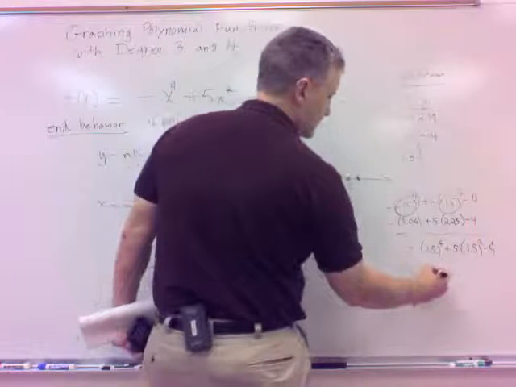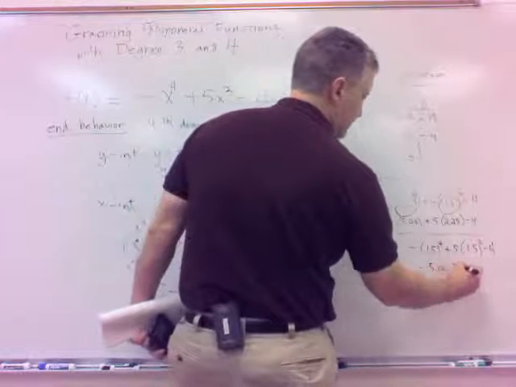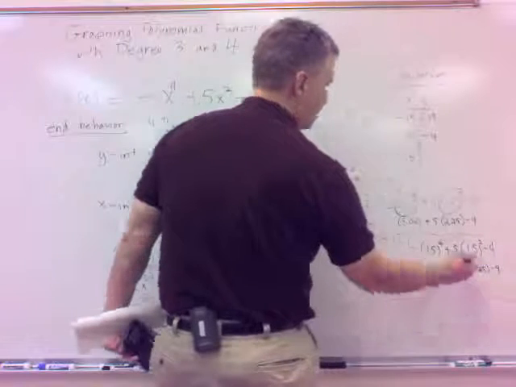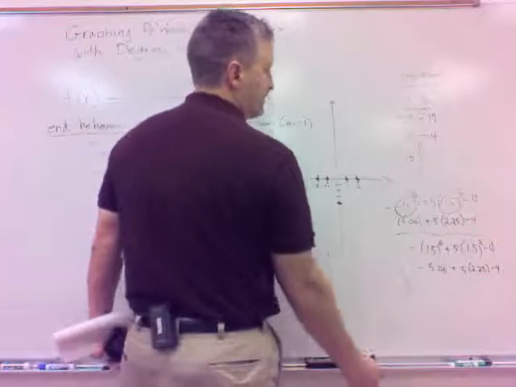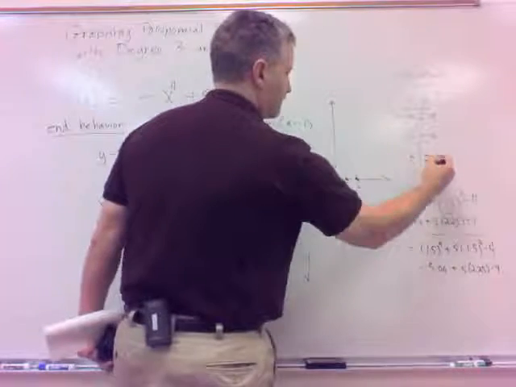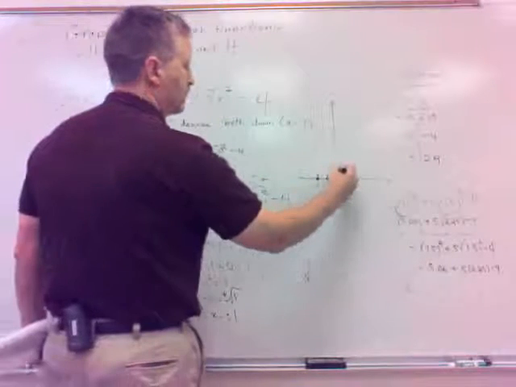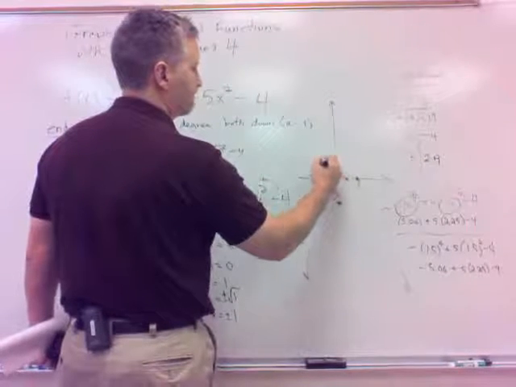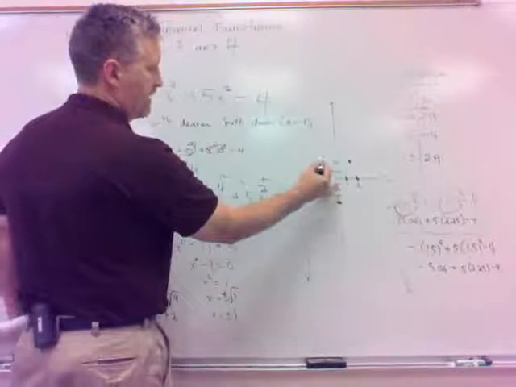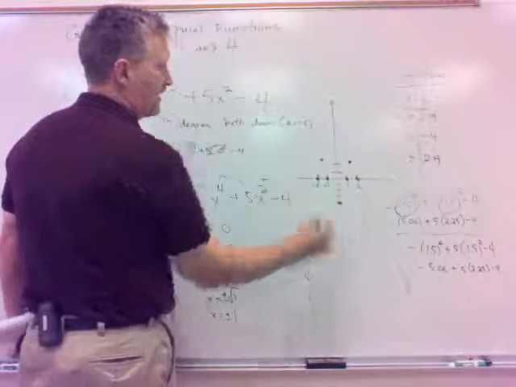That's going to be a negative 5.06 again. That's going to be 5 times 2.25 again, minus the 4. Yeah, I'm going to get the same thing I got there, 2.19. So those two: negative 1.5, 2.19, positive 1.5, 2.19.